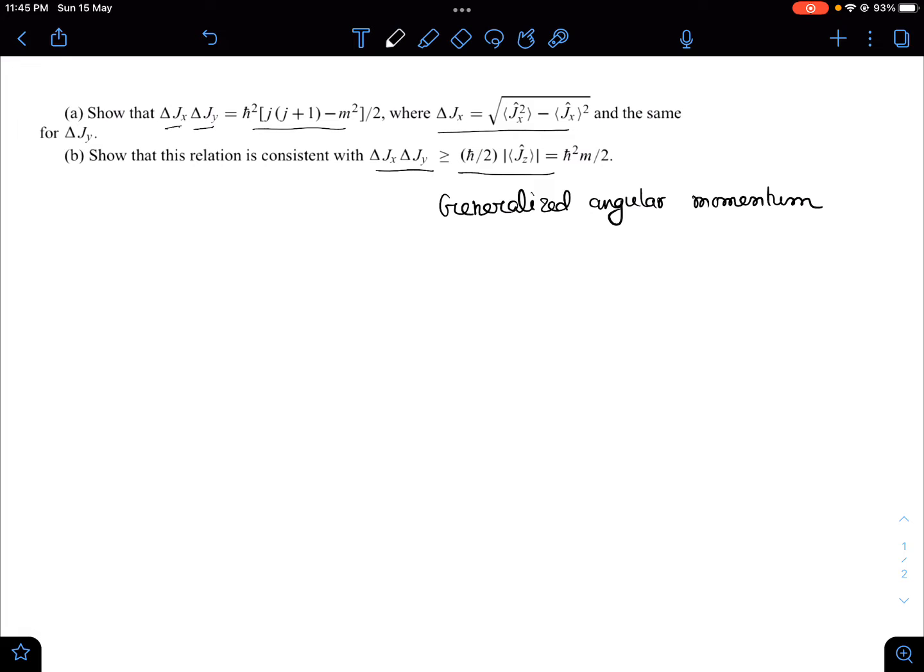So what is this? This is the generalized uncertainty principle. We have to show that this operator satisfies the generalized uncertainty principle. So let us proceed.